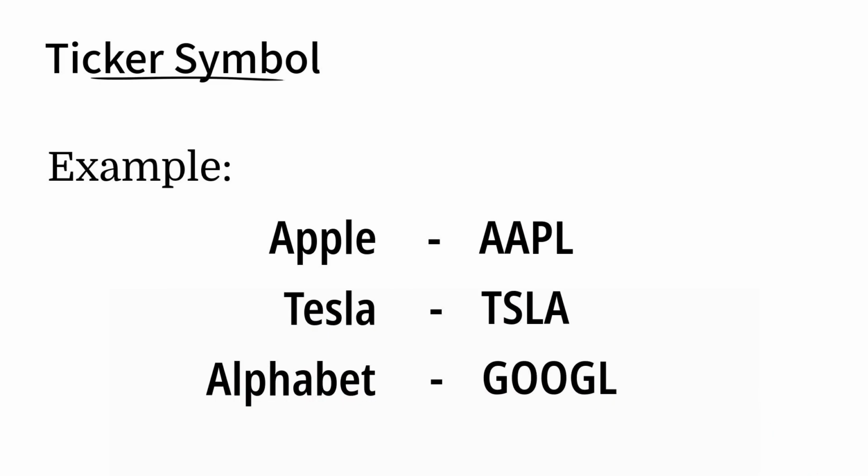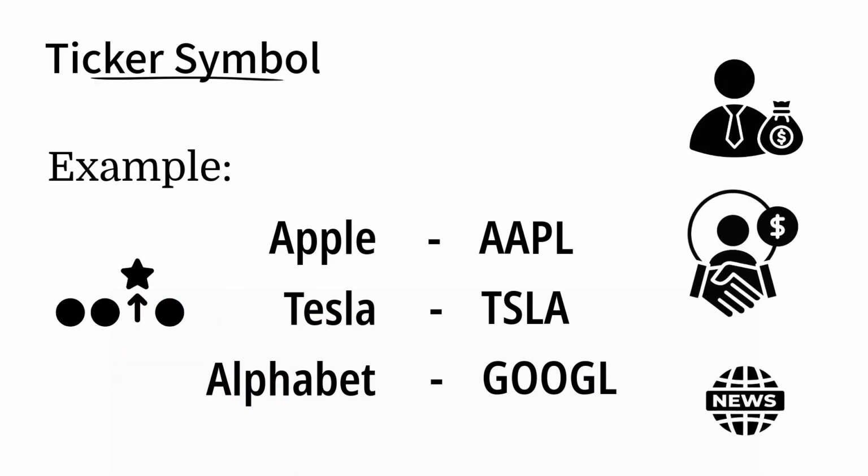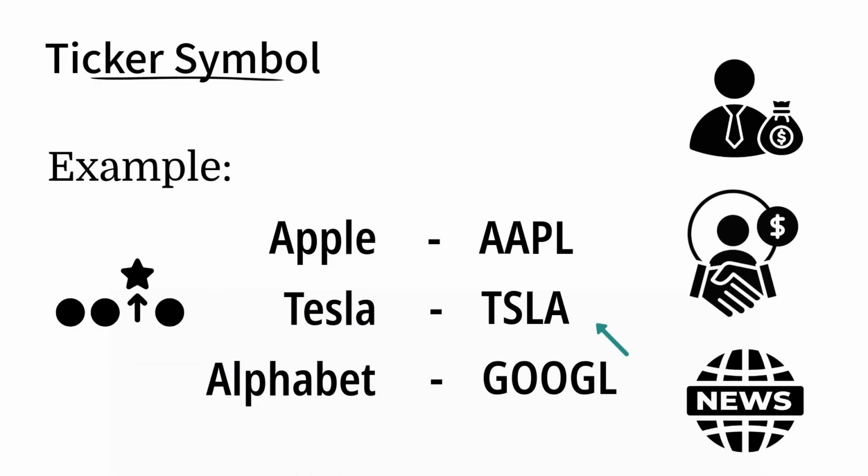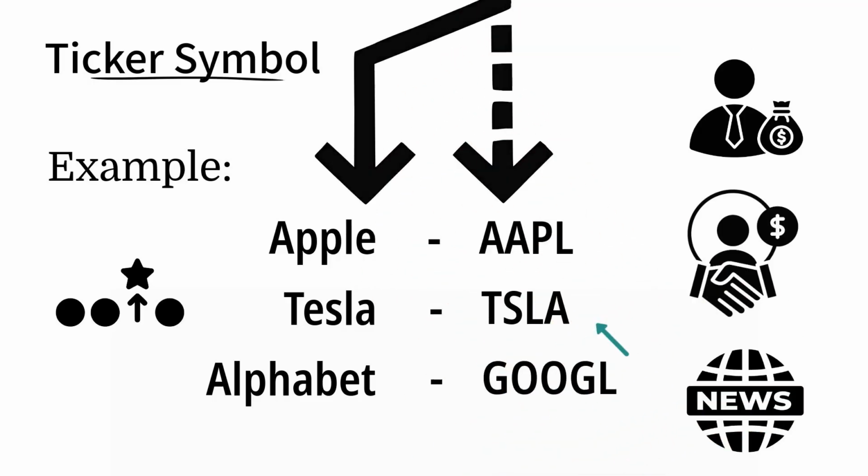Ticker symbols are essential because many companies may have similar names, but each ticker is unique. Investors, brokers, and financial news all use ticker symbols to track stock prices and trading activity efficiently. Think of it as the stock market shortcut, a small code that tells you exactly which company you're dealing with.